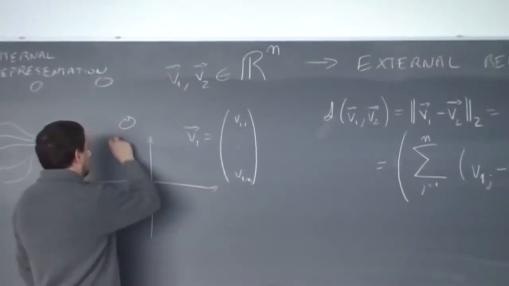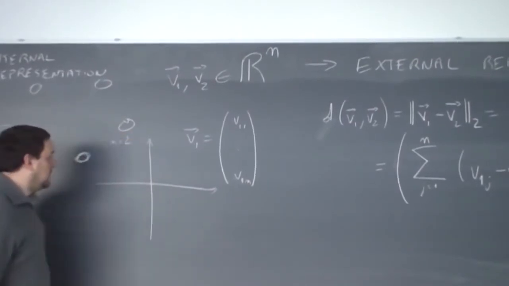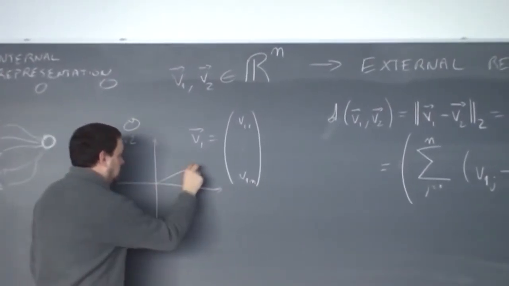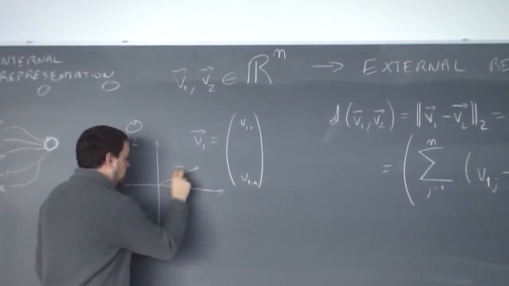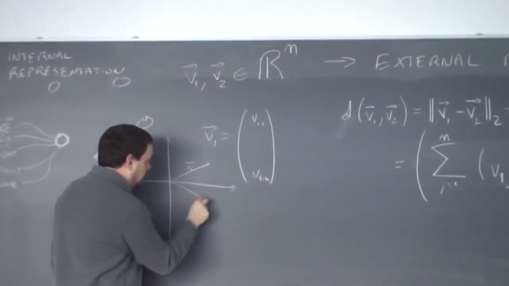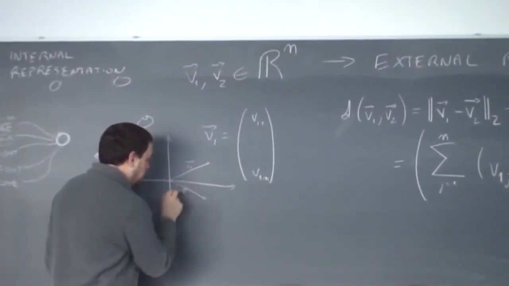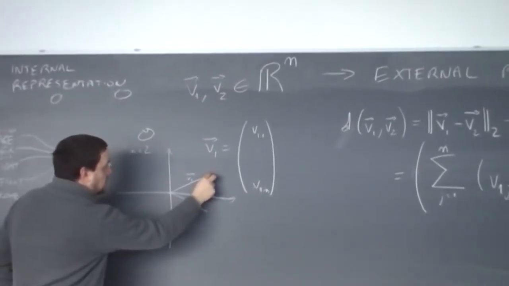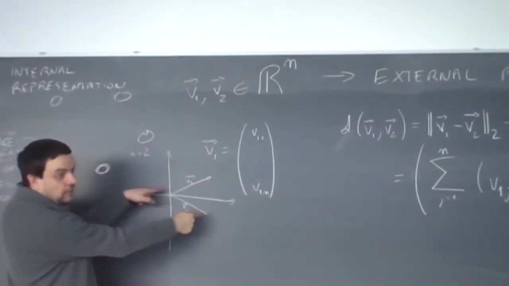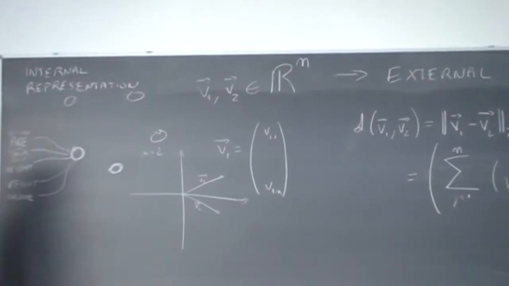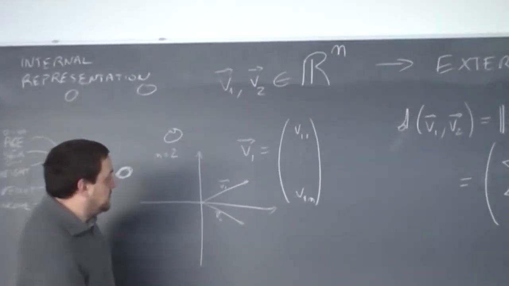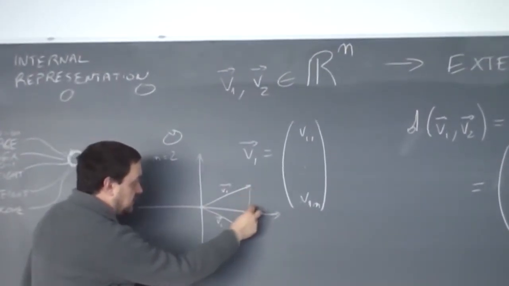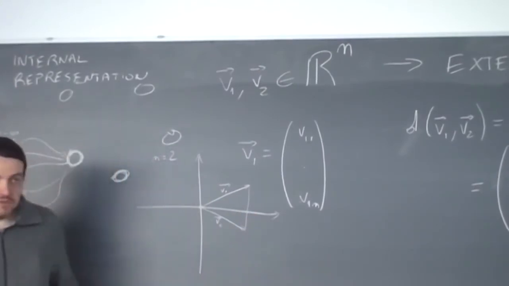Okay, we have two dimensions, so n is equal to 2. Then V1 and V2 are represented by 2 points, or 2 arrows if you prefer, in this space, and the distance between the two is exactly the distance between these 2 points.